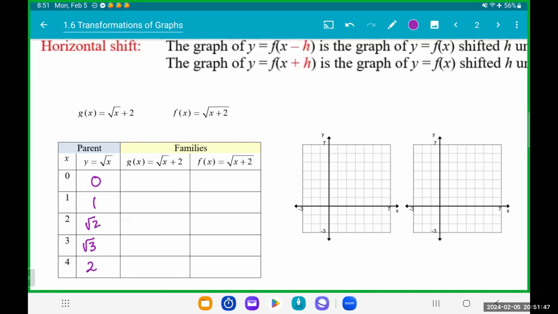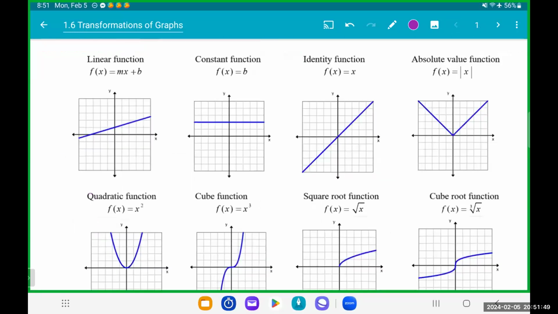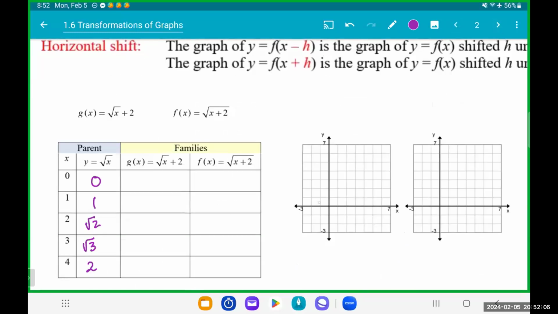If we come back over here and look at our square root function, you'll see that it doesn't come on this side, because I can't take the square root of -1. It's imaginary. So I can only do the positive X values. At 0, it's 0. At 1, it's 1. At 4, it's 2.